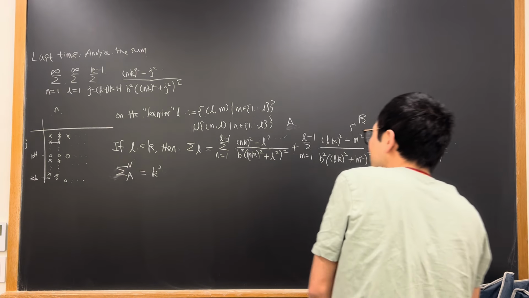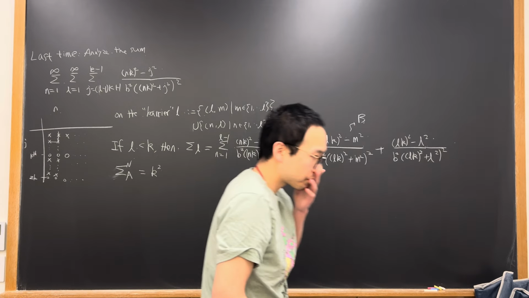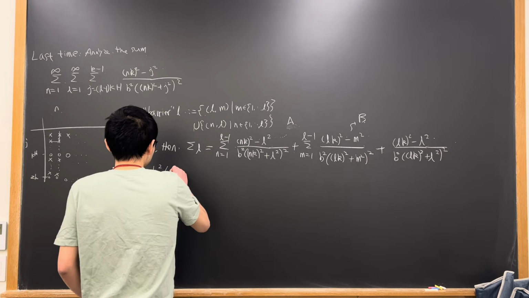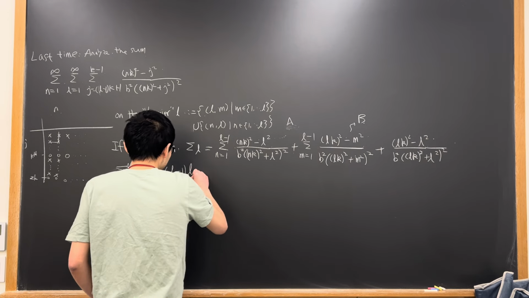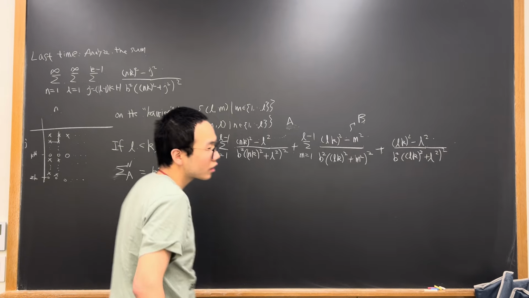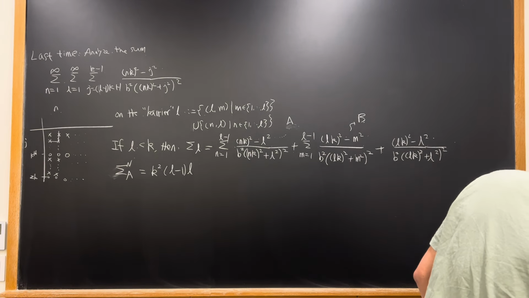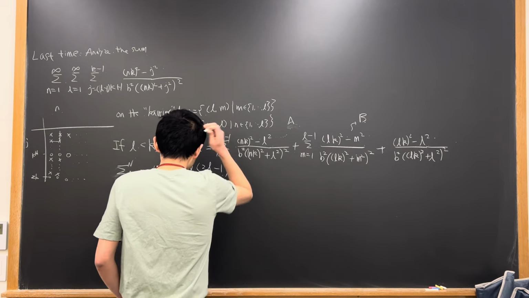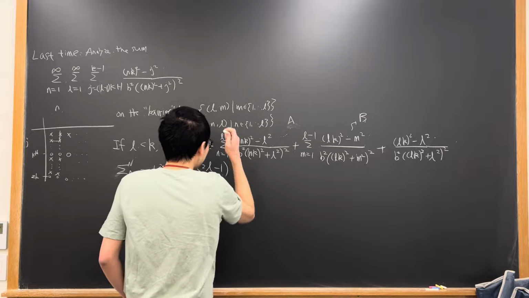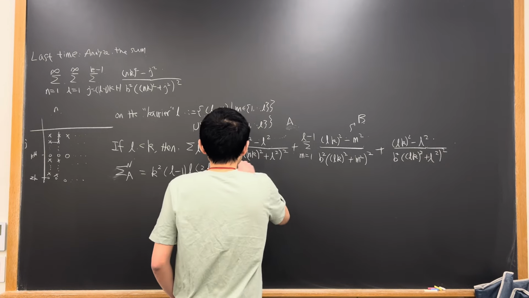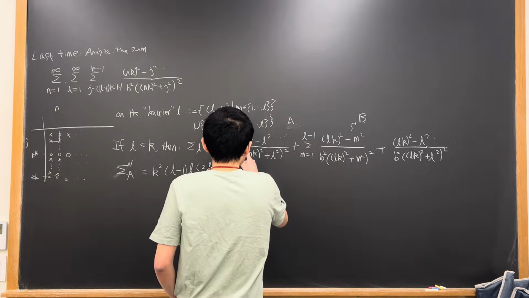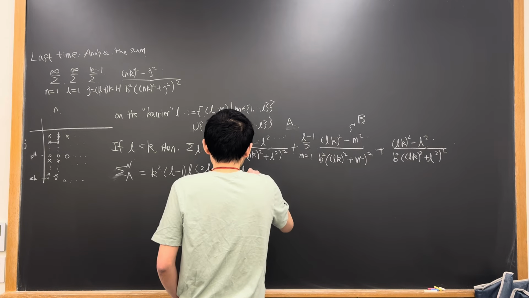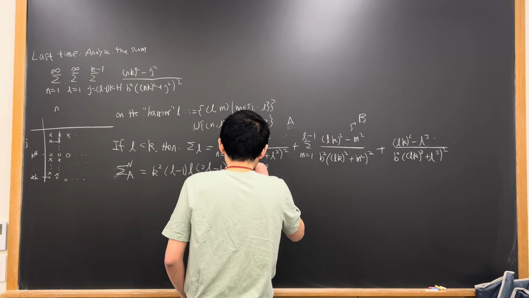Okay, so this is equal to L minus 1 plus L times L, sorry, times 2L minus 1, and then minus... this is L minus 1 copies, right? So L minus 1 times L squared.